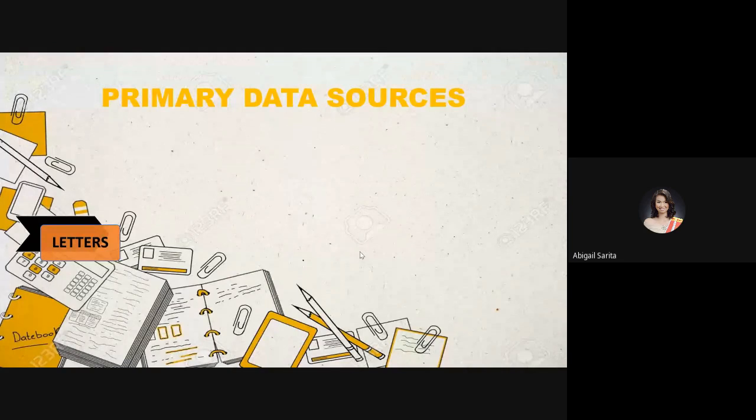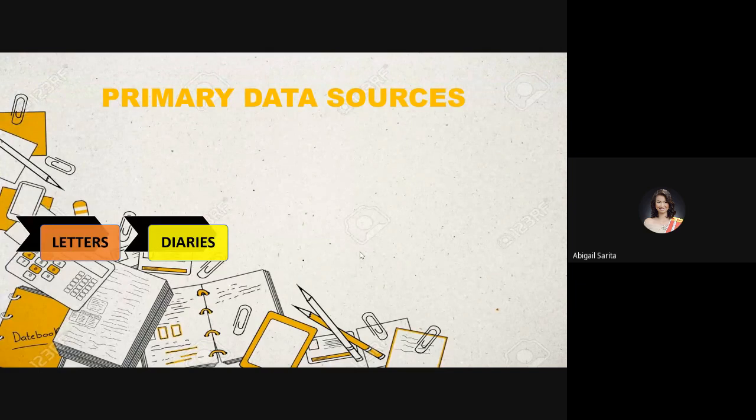Ibig sabihin ng letters, for example, yung mga letters ng mga OFW to their families or love letters ng boyfriend, girlfriend, yung isa seaman, yung isa nandito sa Philippines, or letters about their friendship, their bosses, their customers. So that's what we call letters. We can gather informations on those kinds of written works or written sentences.